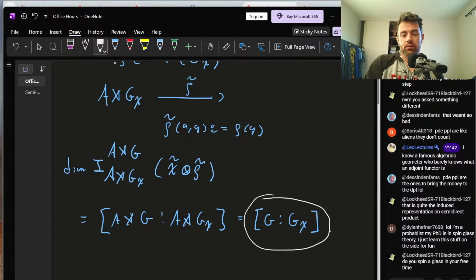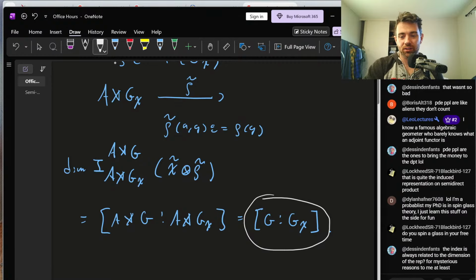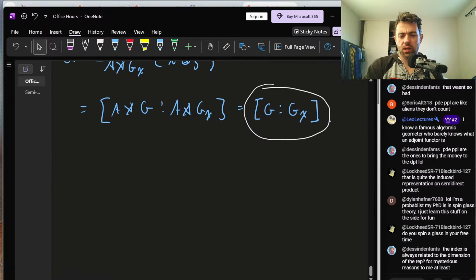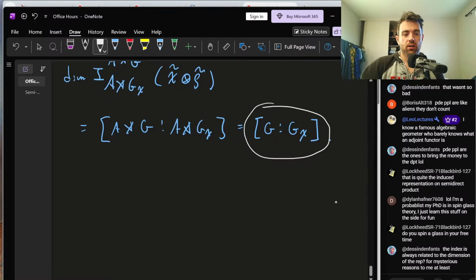That's a partial, kind of a Sylow theorem in a sense for semi-direct products by an abelian group. The index is always related to the dimension of the rep. Mysterious reasons for you. Maybe I could be doing something slightly wrong here, but yes, because I maybe made a boo boo, but generally speaking, like what is this induced representation?